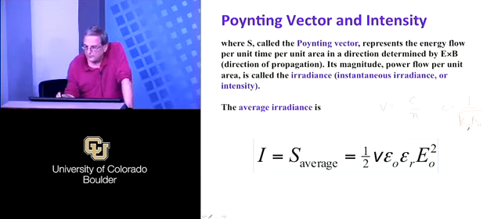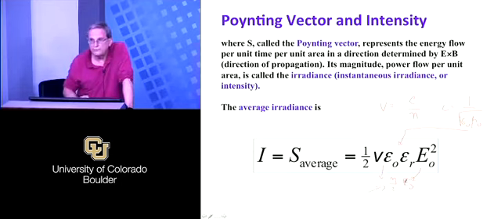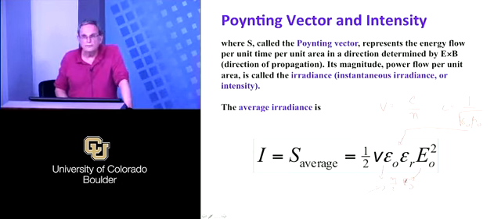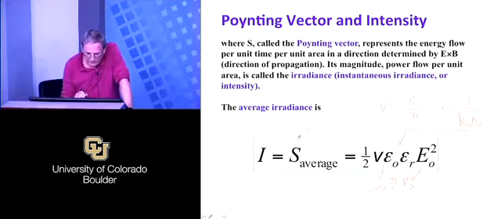If we then use this one in here, we can find out that this thing here looks like eta over 2 E0 squared. So we can write it as an impedance times the square of a field. Okay, so that's the average power in an area.